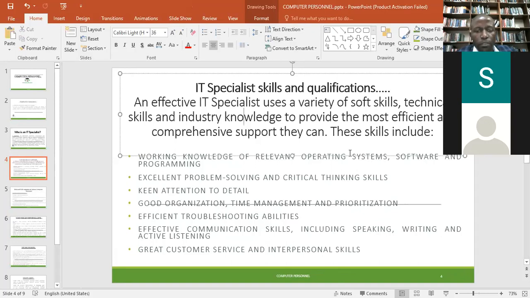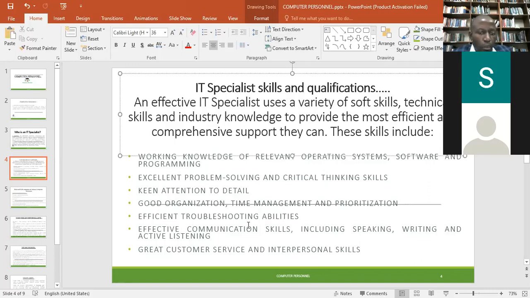Some of the skills they require include working knowledge of relevant operating systems and software. They also need some programming skills. They must have excellent problem solving and critical thinking skills.